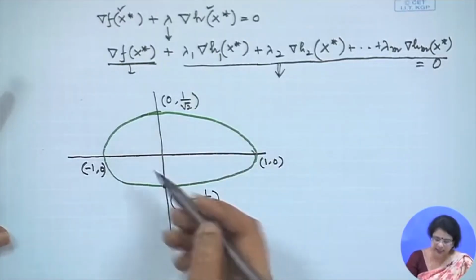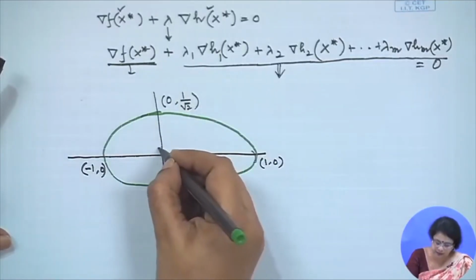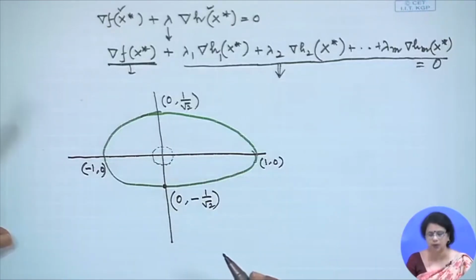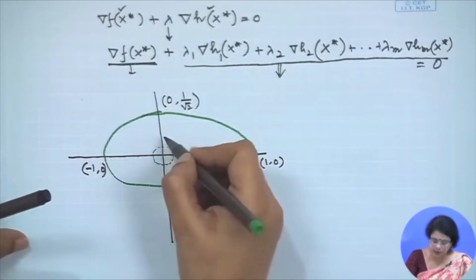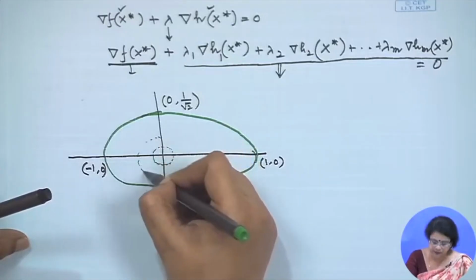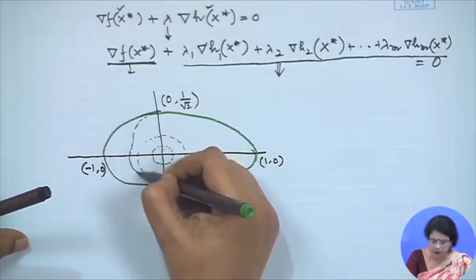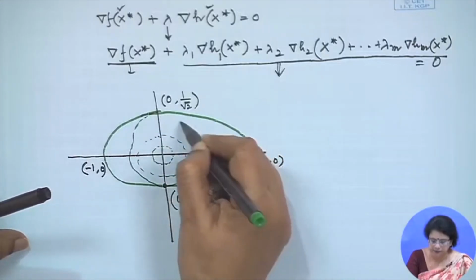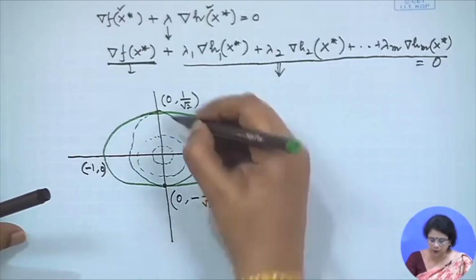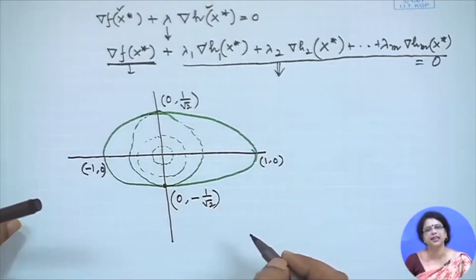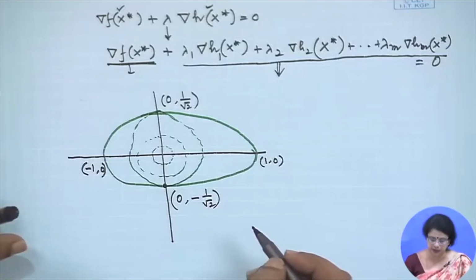Now, consider the circle x square plus y square, centered at 0. The circle is moving further. Now, what should be the minimum value of the radius of the circle when it first touches the feasible space?